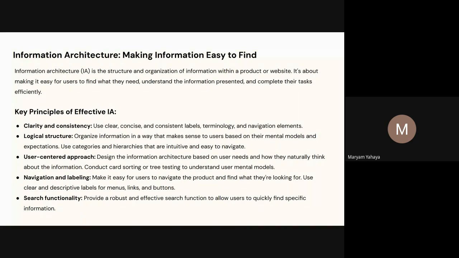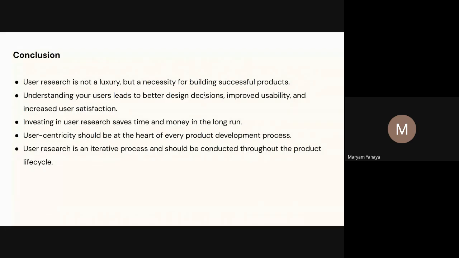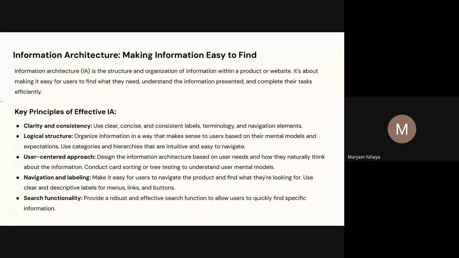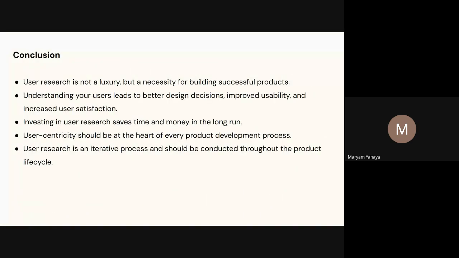It's just easier to find things that way rather than having to scroll and scroll and scroll to find something when you can easily just search for it. So basically, that's the key principles of information architecture.